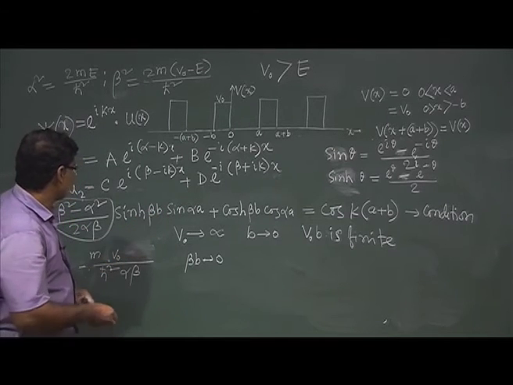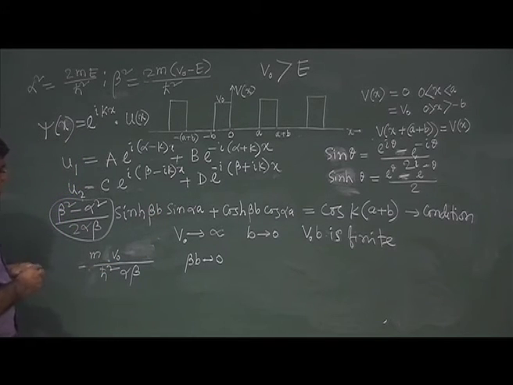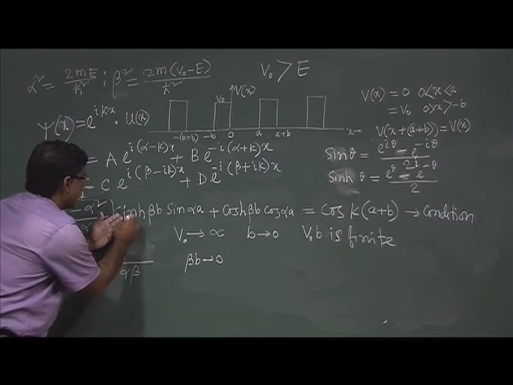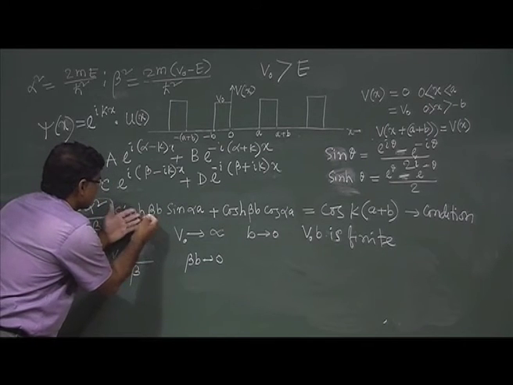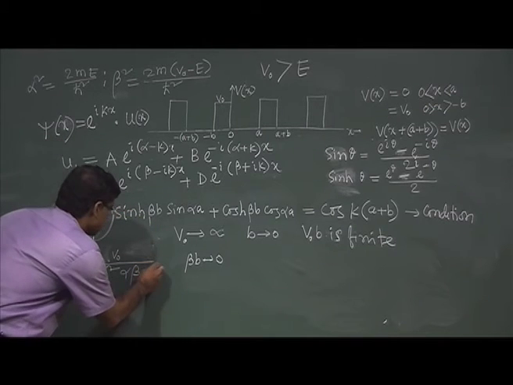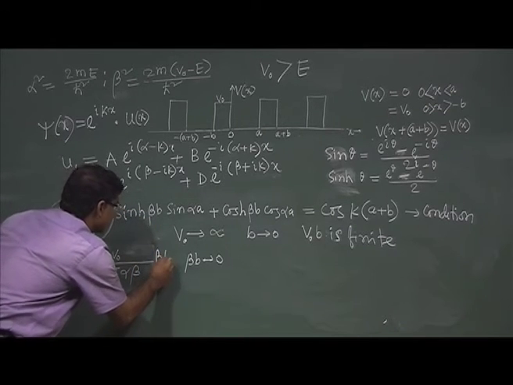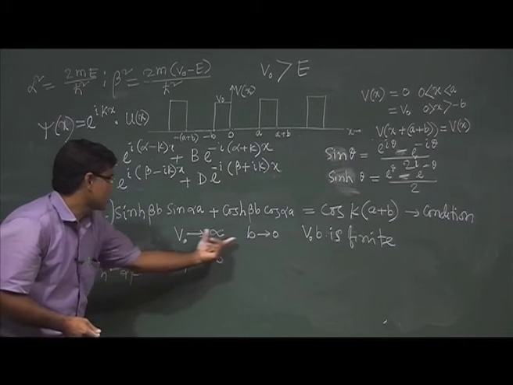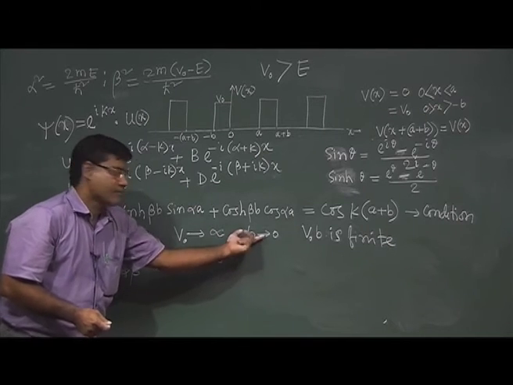So, sinh beta b equals beta b, since this is a small value, as per this condition.